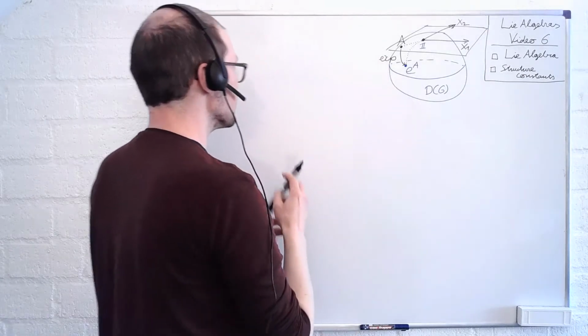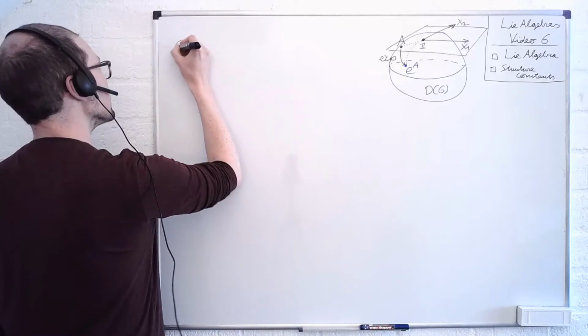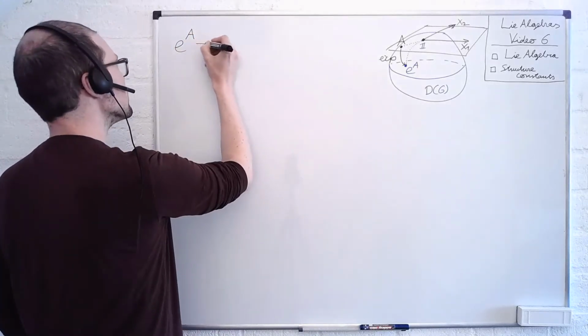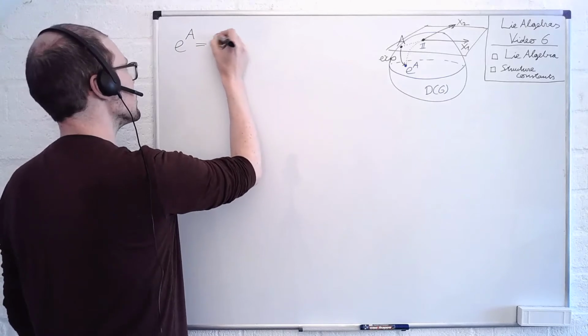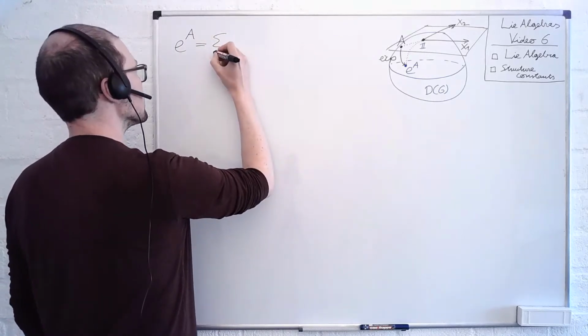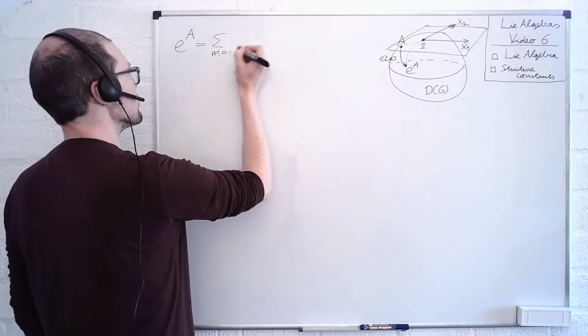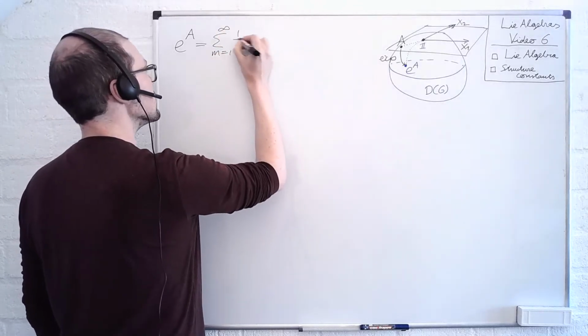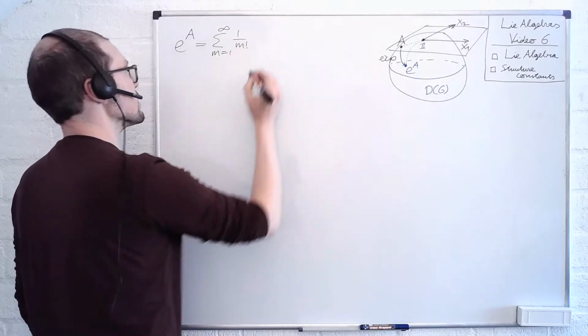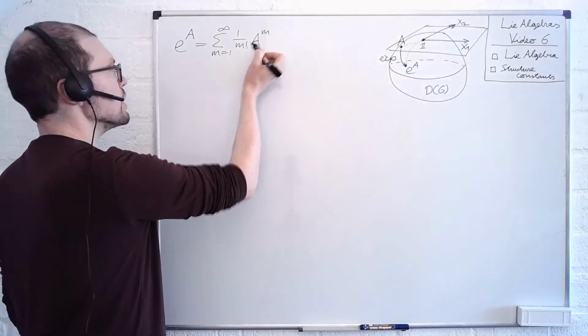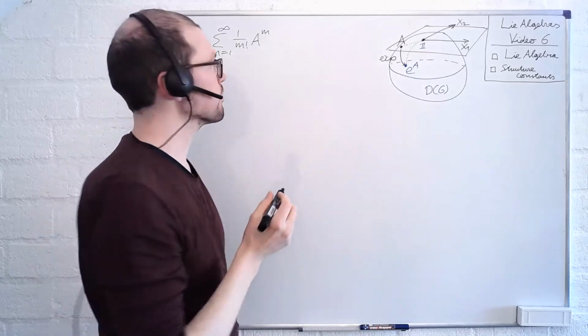The exponential mapping is defined by just taking the exponential of a matrix, which is defined by taking the Taylor expansion of the usual exponential. So the sum of m equals 1 to infinity, 1 over m factorial, and then the mth matrix power of A.